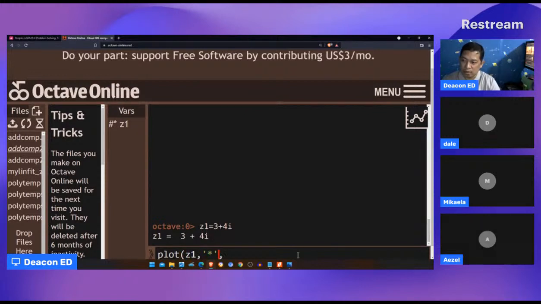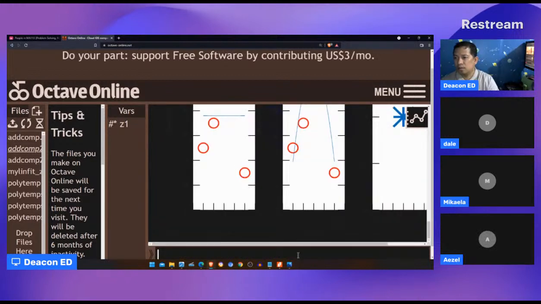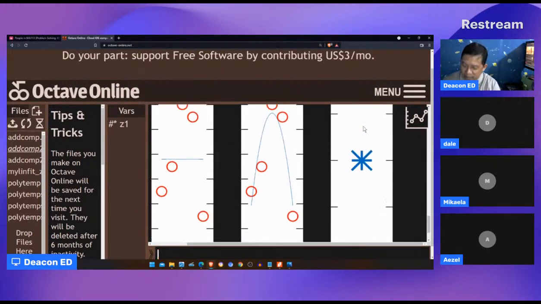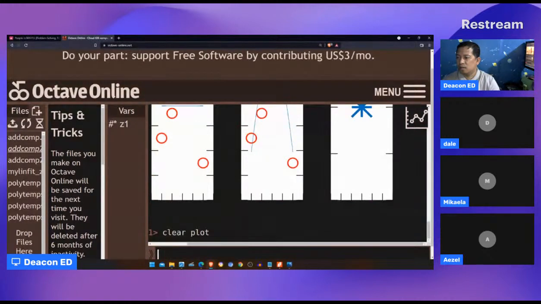So, ito yung marker niya. No? Parang ito yung ano eh. Ito yung complex form. Oh. Kaya lang, sinama niya sa ibang table. So actually may command yata for clearing the plot. Clear plot or clear graph.